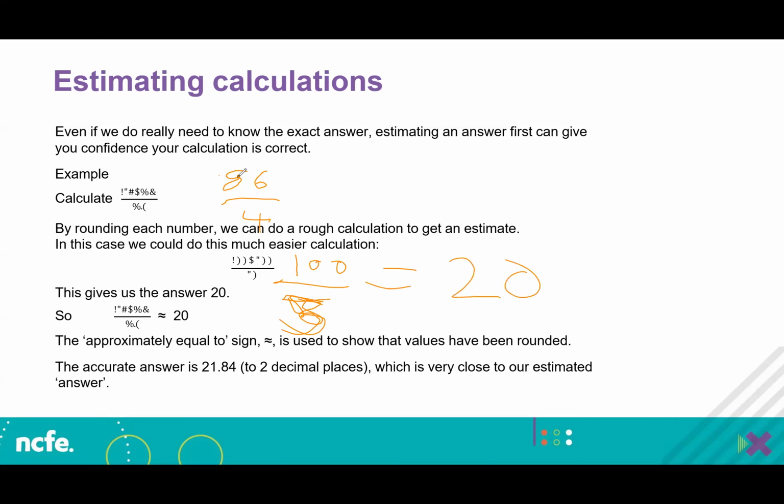The approximately equal to sign is used to show that values have been rounded. The accurate answer is 21.84 to 2 decimal places, which is very close to our estimated answer.